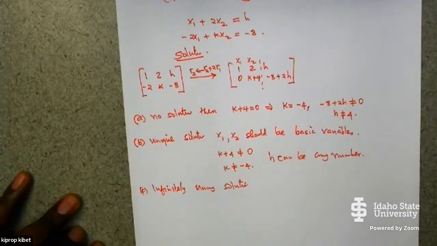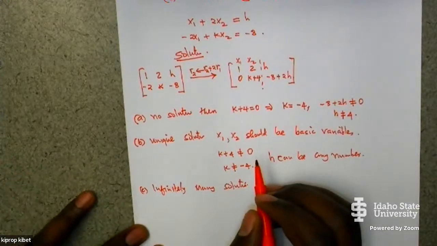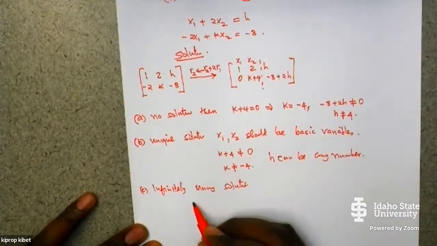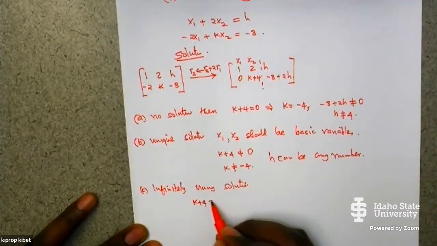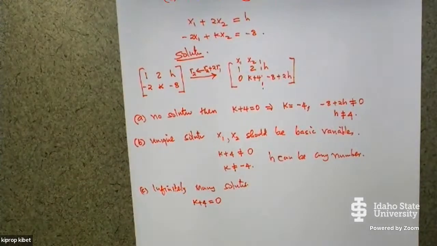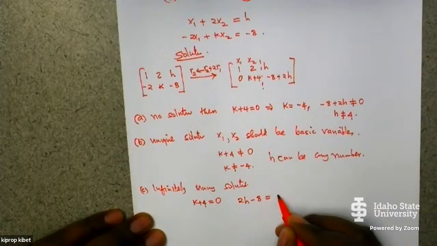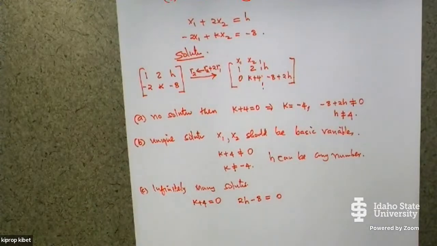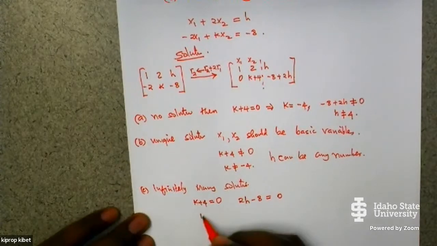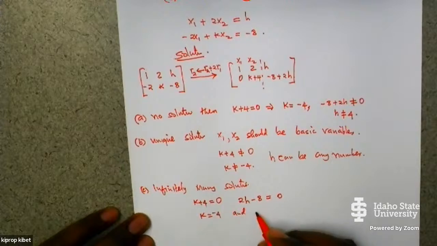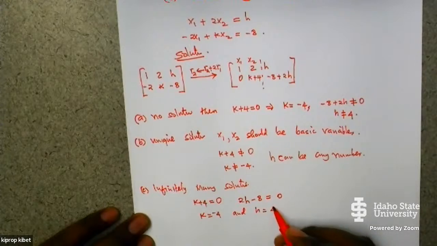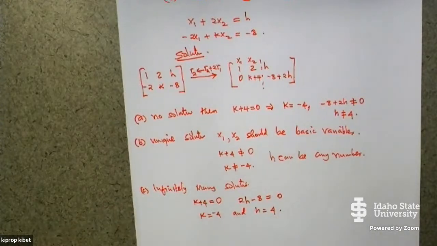For this to have infinitely many solutions, k plus 4 can be equal to 0, and also 2h minus 8 can be equal to 0. So k is equal to minus 4, and h is equal to 4.